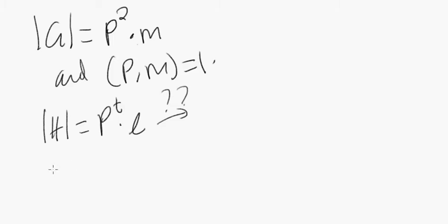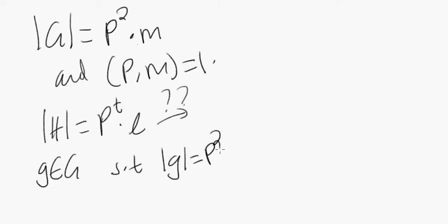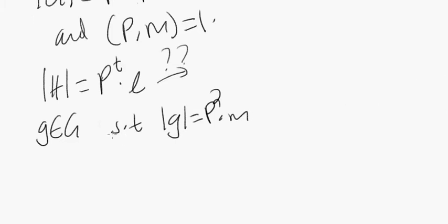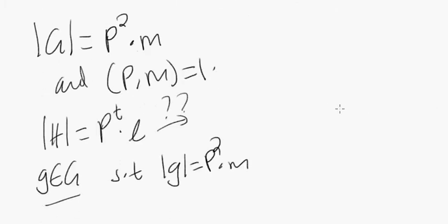Are we guaranteed that there is some g in G such that the order of g equals p squared times m? Why is this relevant? Suppose we had some G whose order is p squared times m. Would we be saying that the group is cyclic? Sure.